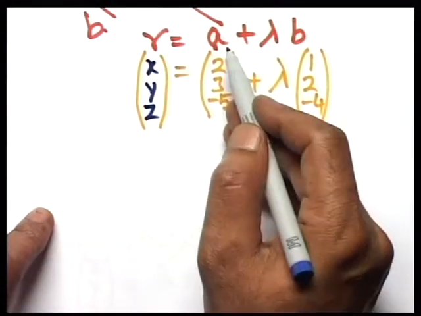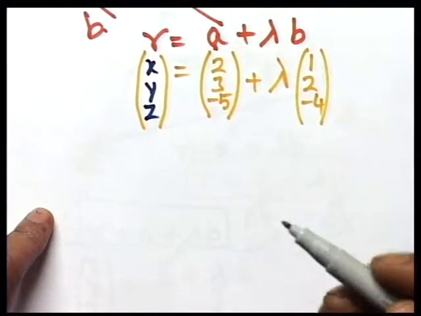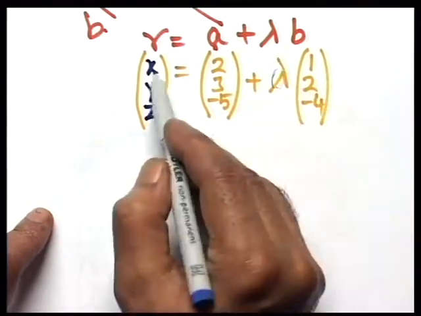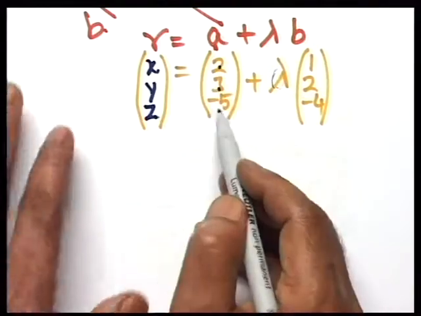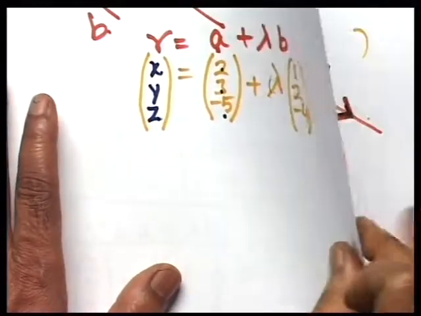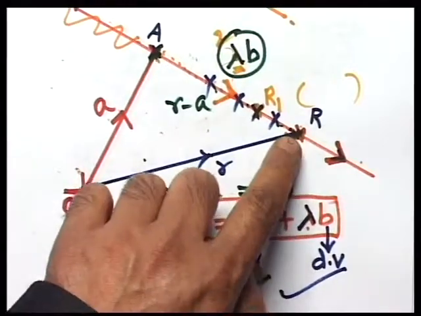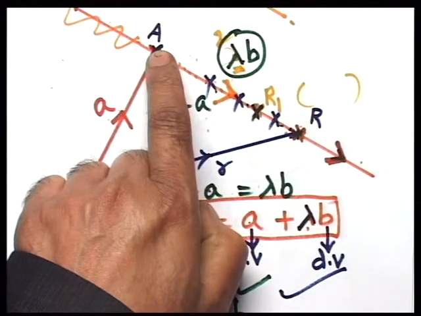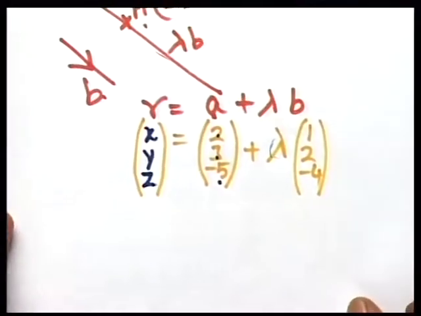It is important to know this very, very well. What is R? What is A? What is B? What's lambda? Suppose lambda is 0. x equals 2, y equals 3, z equals minus 5. Remember, we said if R moves and falls on A, lambda becomes 0. Then the position vector itself is R. That's point number 1.